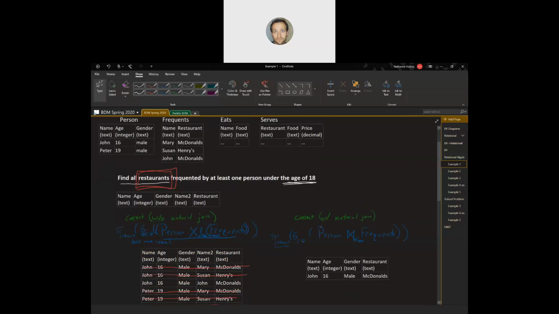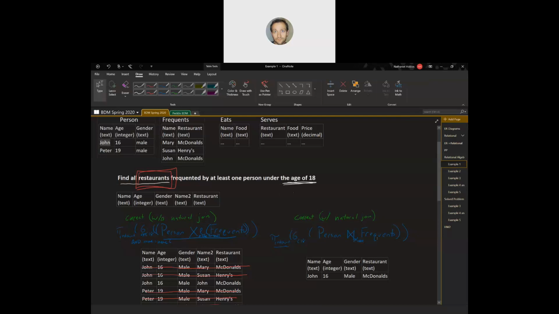This is the result. So it takes the person relation and the frequency relation, and it keeps only those entries where the name portion matches. So here, it's only John that appears in both of these relations.